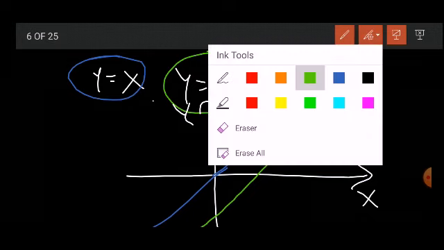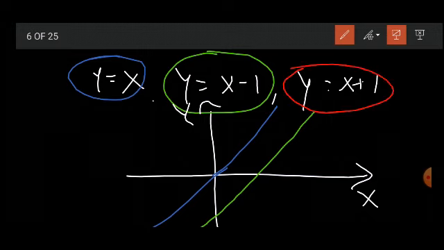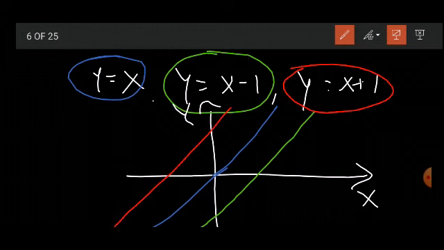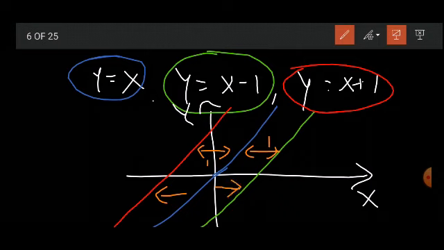And now y equal to x plus 1 goes a bit ahead like this. So you see there is a distance of 1 unit, and here also a shift of 1 unit. Here the shifting is towards the left, and here the blue line shifts towards the green in the right.